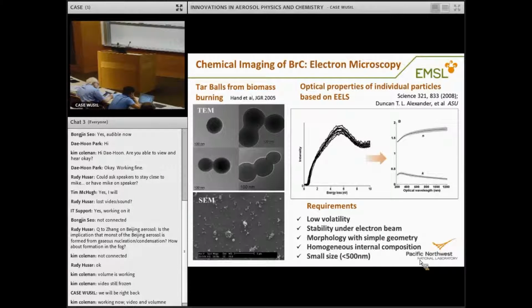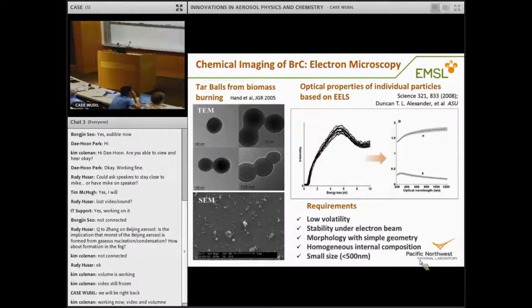They need to be stable under the electron beam, so one can collect the spectra. The theoretical considerations here require some assumptions on the particle morphology. In this case, it was very easy, it's spherical. And then it also requires a homogeneous internal composition for these assumptions.